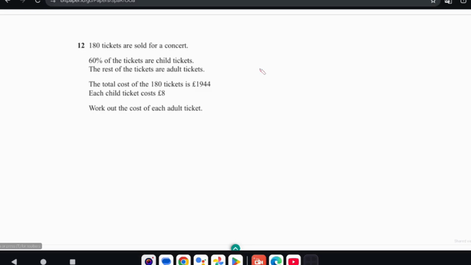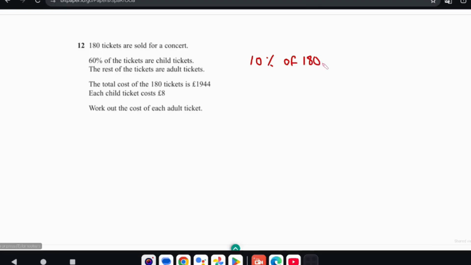180 tickets were sold for a concert. 60% are child tickets. The rest of the tickets are adult tickets. Total cost for 180 tickets is £1,944. Each child ticket costs £8. Work out the total cost of an adult ticket. Okay, let's just break this down. We've got 180 tickets, 60% are child tickets. So 10% of 180.